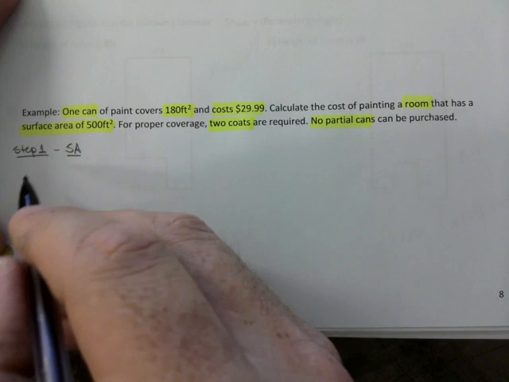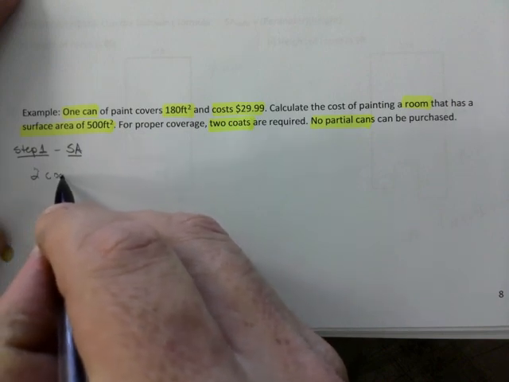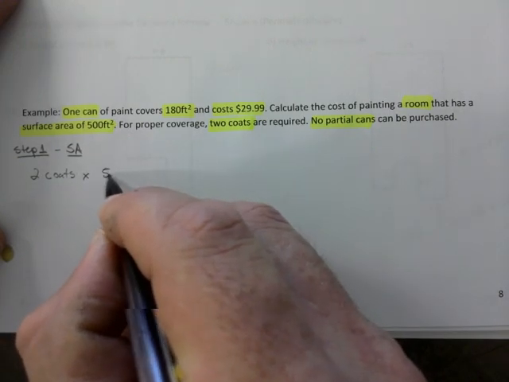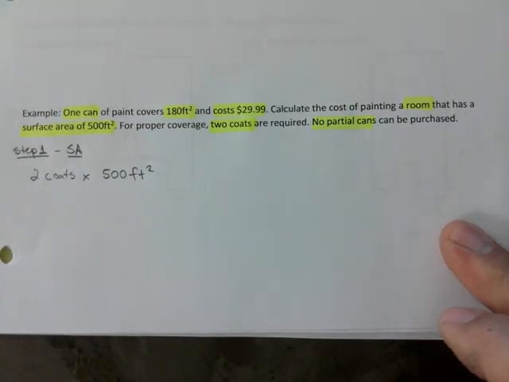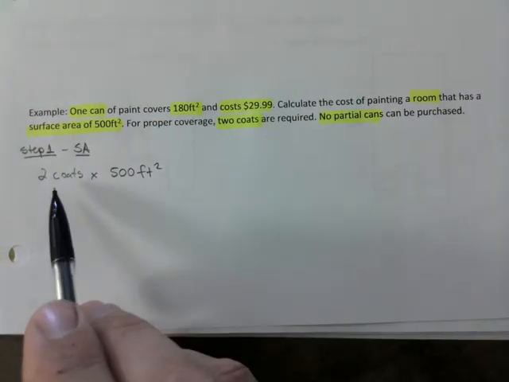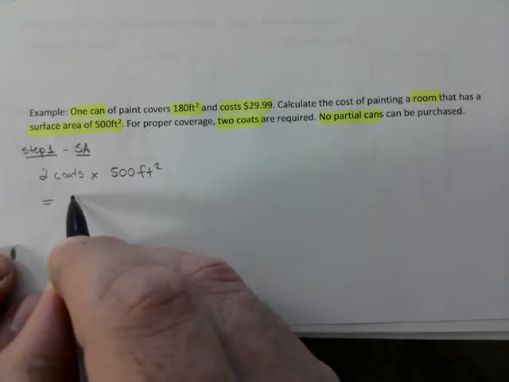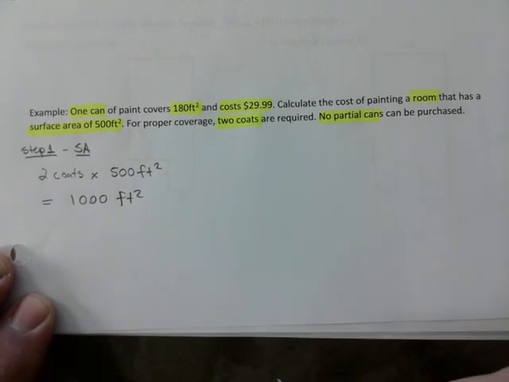I need 2 coats of 500 square feet. I'm going to have to paint the whole room twice. So it is as if the surface area to be covered is the equivalent of 1,000 square feet.